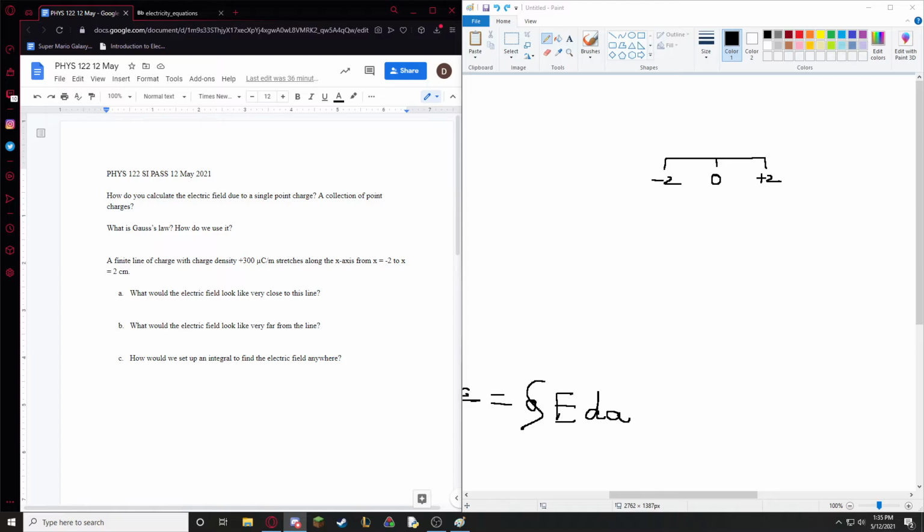The electric field's magnitude would be pretty big, right? Since the radius is very small.